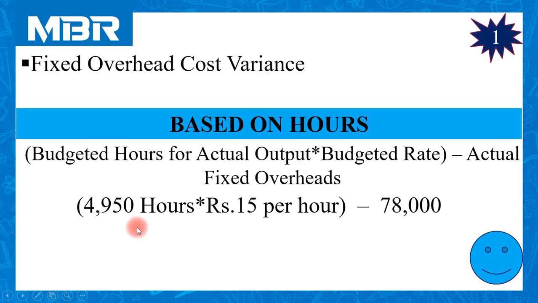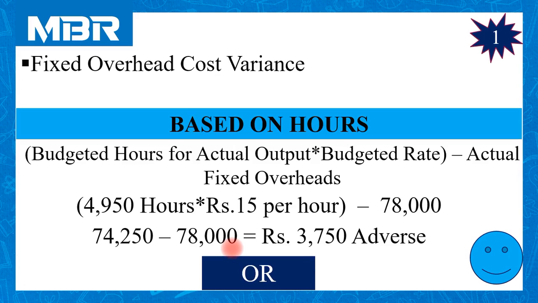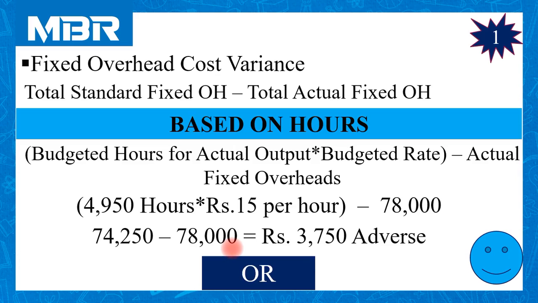So directly insert the data and find the result. You will get the same result: 74,250 as budgeted expenditure and actual cost 78,000. In this way you can cross check whether your calculations are correct or not.